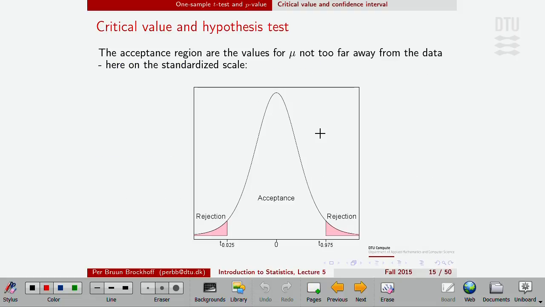Let me show it here. If I do it for the 5% level, I could find the t distribution even before I do my experiment. Because I know the t distribution, I could already go and check what the critical limits are.